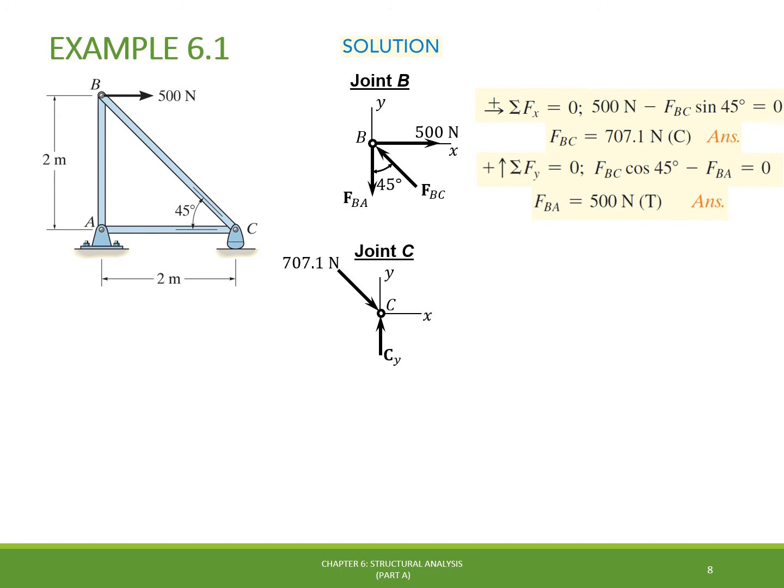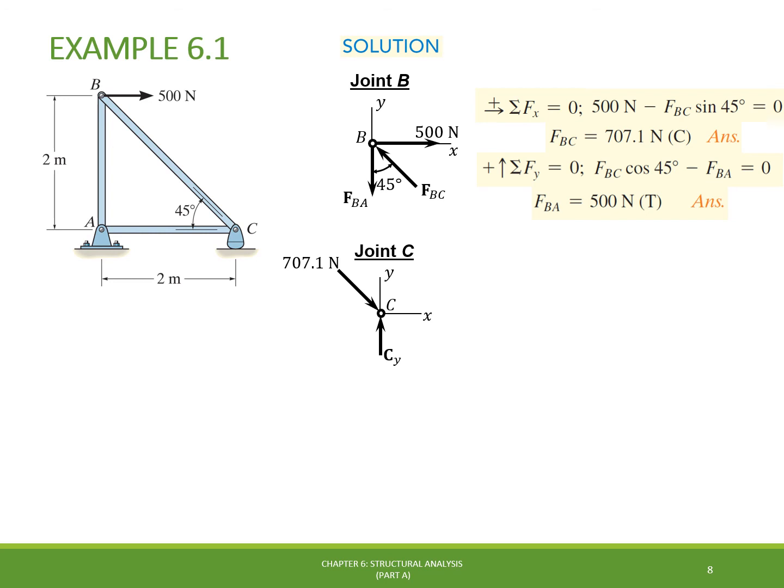Since we have concluded that member BC is pushing on joint B, joint B will be pushing on member BC back due to the action and reaction law. This compressive force will then be transmitted across member BC to the joint C.